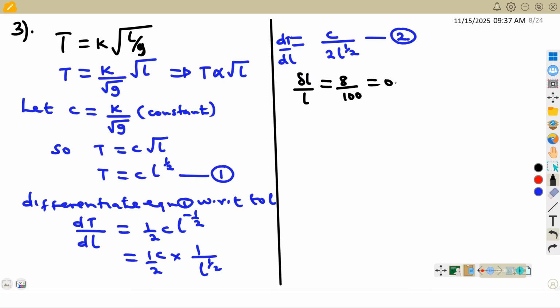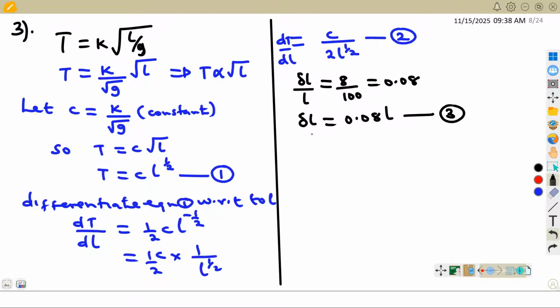In other words, this is 0.08. So we can easily get delta L as 0.08 times the length L. We can call this equation number 3. From the given information, we get delta L as 0.08 of L.